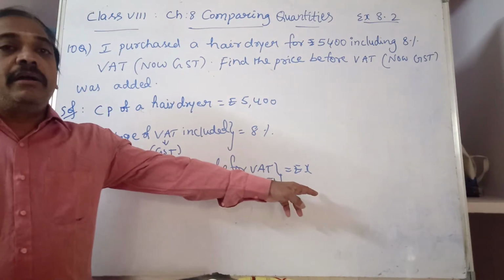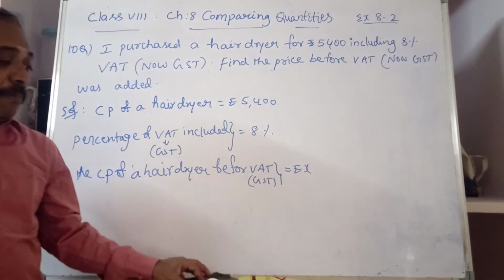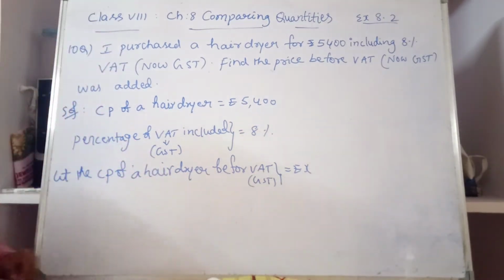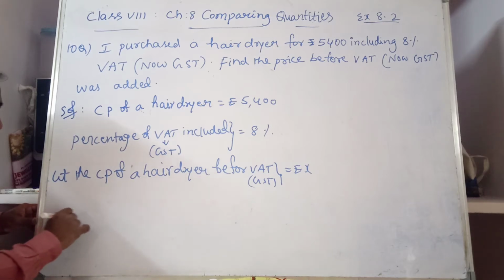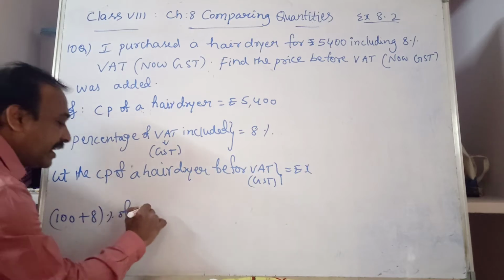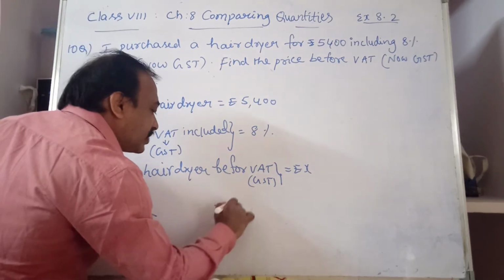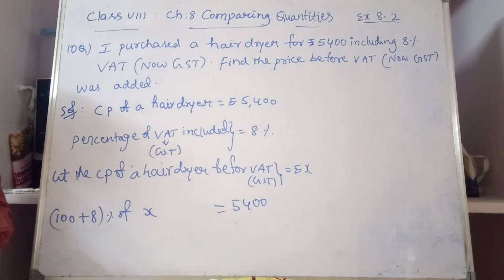100 plus 8 of X is equal to 5400. He paid extra 8% on it. So 100 plus 8% of X is equal to 5400. Why 100 plus 8? For any article the cost price is 100%.